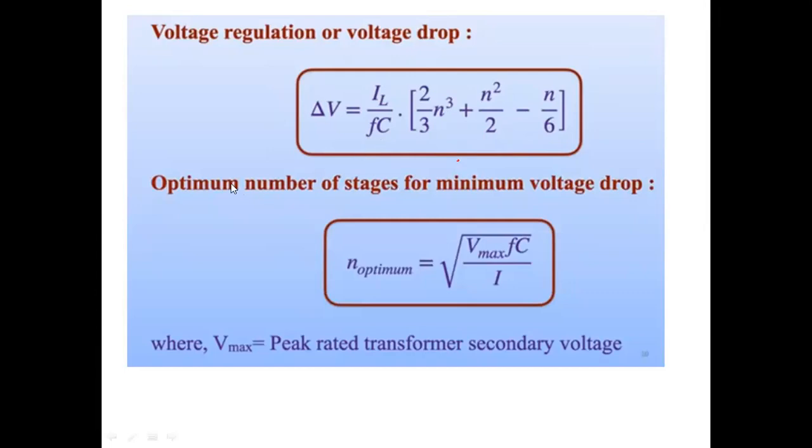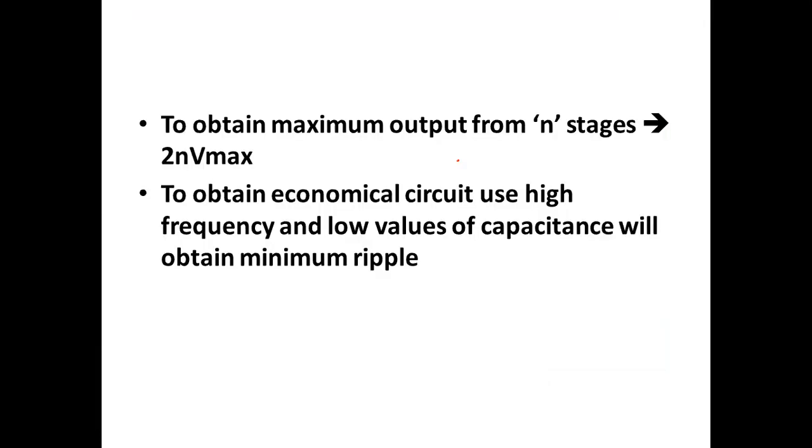The minimum voltage drop for the optimum number of stages can be found by this, where V maximum is the peak rated transformer secondary voltage. So this is the summary of the whole lecture.